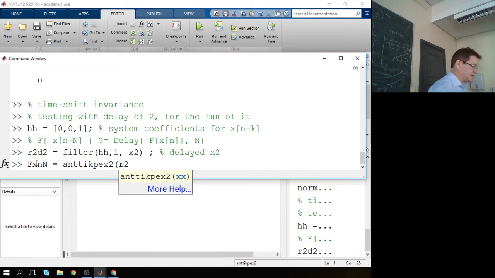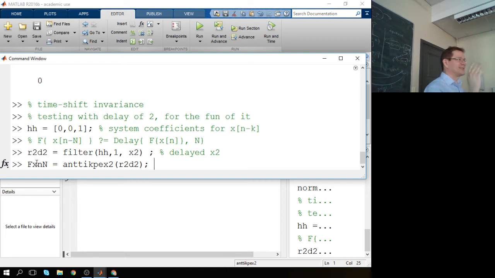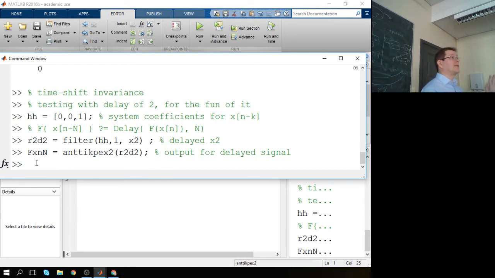This is R2D2. Shoot, I cannot use 3PO. In MATLAB, you cannot start with a number. So this is the output for the delayed signal.